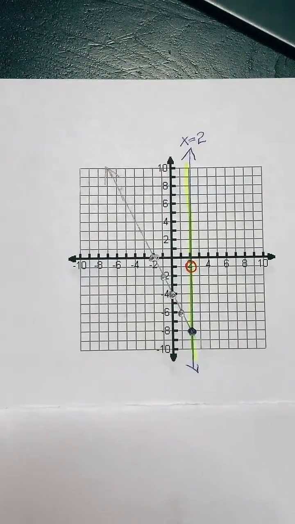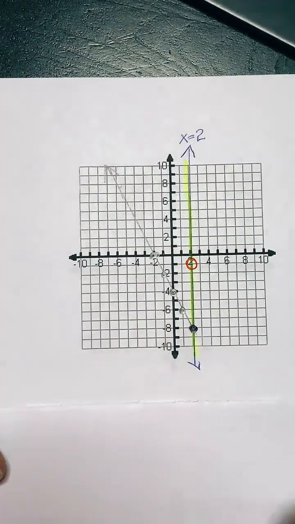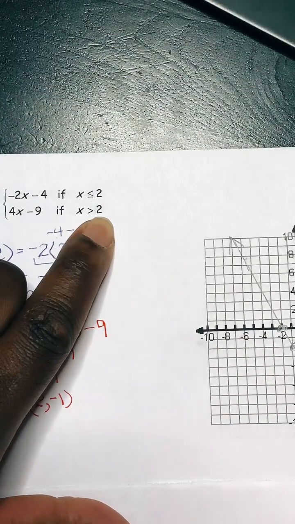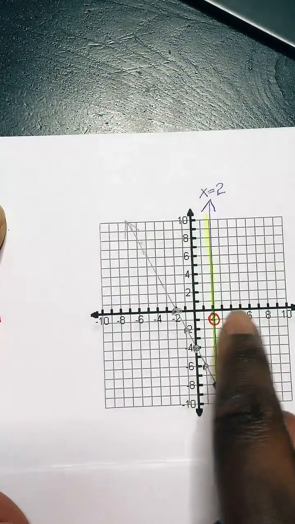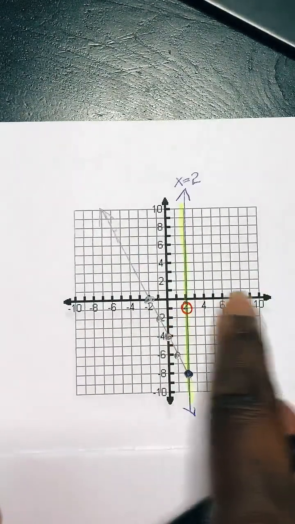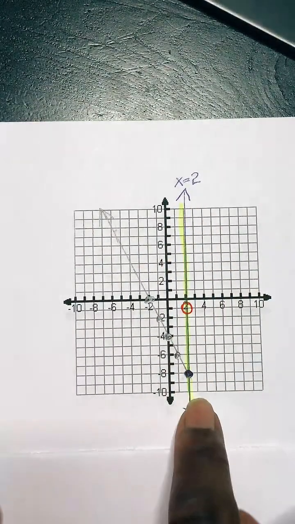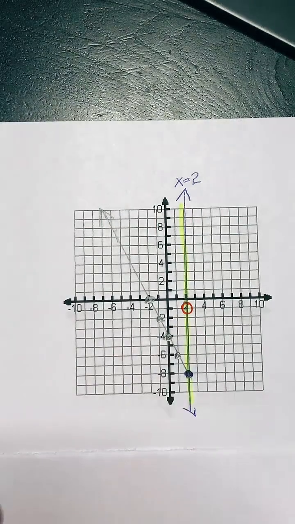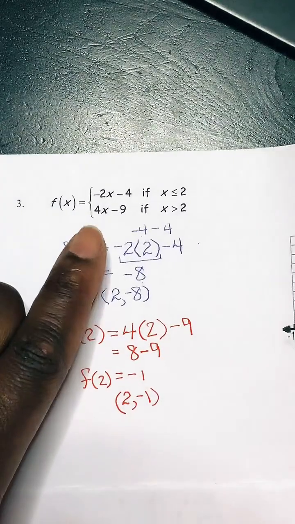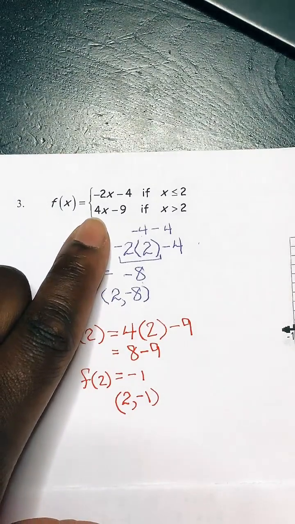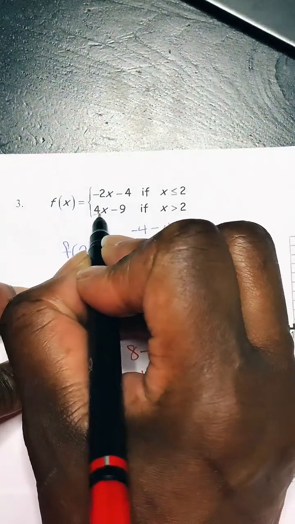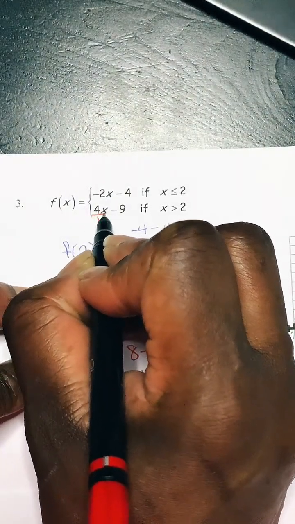All right. Now we're dealing with the x's. x is greater than 2. So that means we are graphing just the right side of this boundary line. So from this point, I'm going to go straight to my slope. My slope is 4, which we all know is 4 over 1.